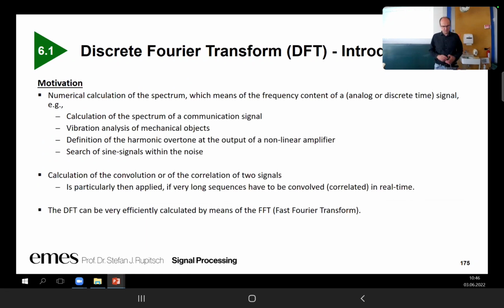What is the motivation? Why do we perform the Fourier transform and find this discrete time Fourier transform, the discrete Fourier transform? Why do we use the Fourier transform for many applications? We discussed several reasons for performing the Fourier transform.